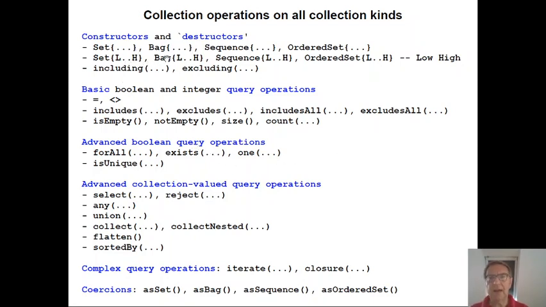The categories are the constructors and the destructors, which are operations that build up collections or destroy collections. Then there is a group of 3 categories. There are basic Boolean and integer query operations, which return a Boolean result or an integer result. Then there are advanced Boolean query operations, and the third category are the advanced collection valued query operations.